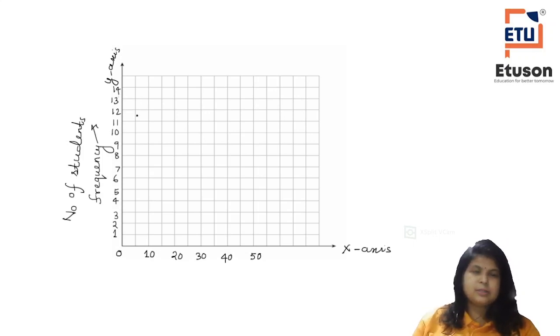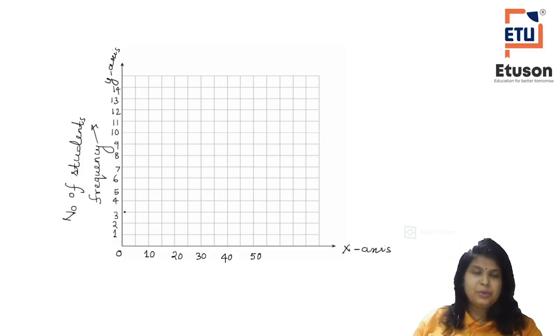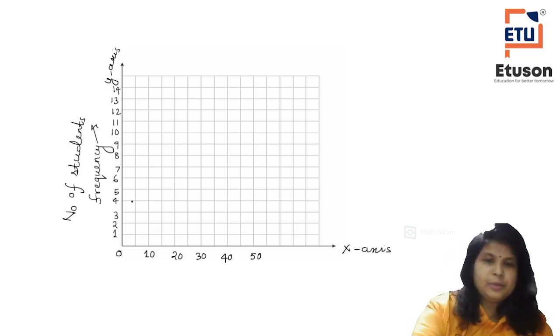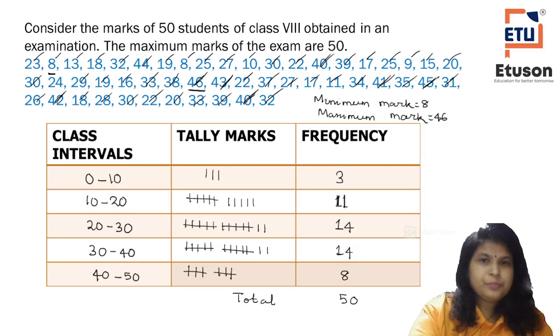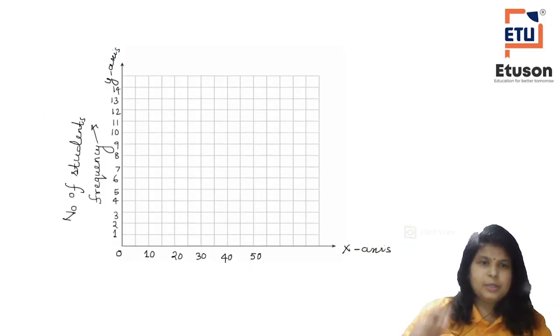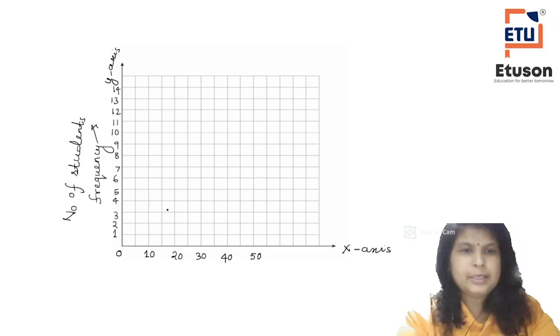Okay, so for 0 to 10, what is our frequency? Let us check our frequency distribution table. Yes, so this was our frequency distribution table. I'm correct. So now let us draw our histogram.